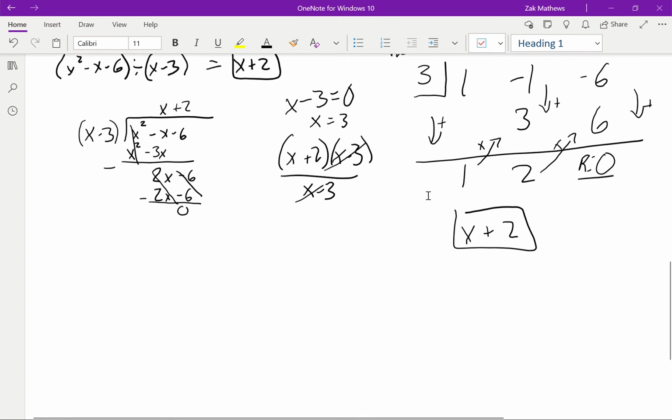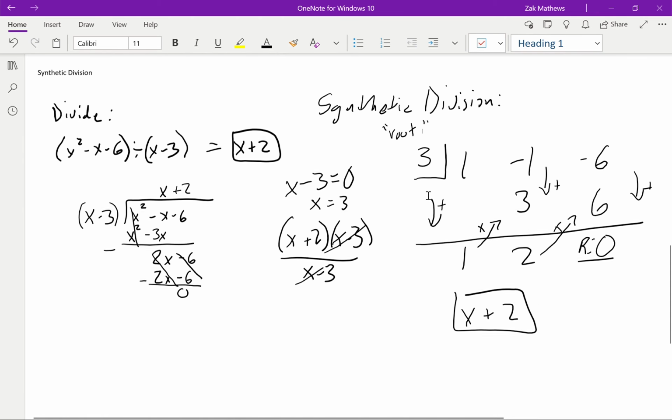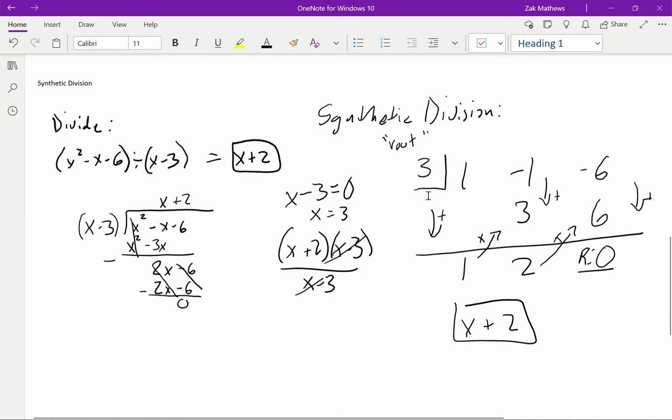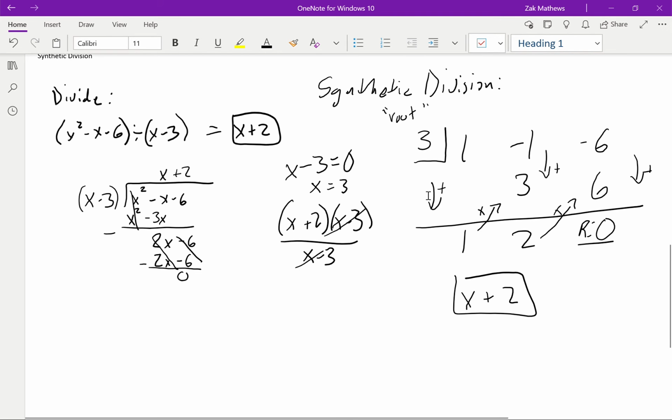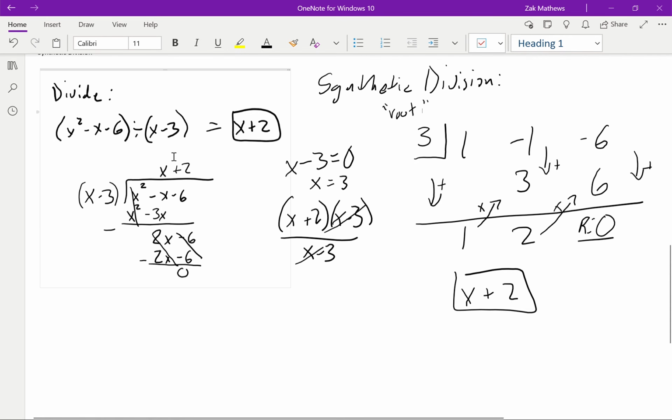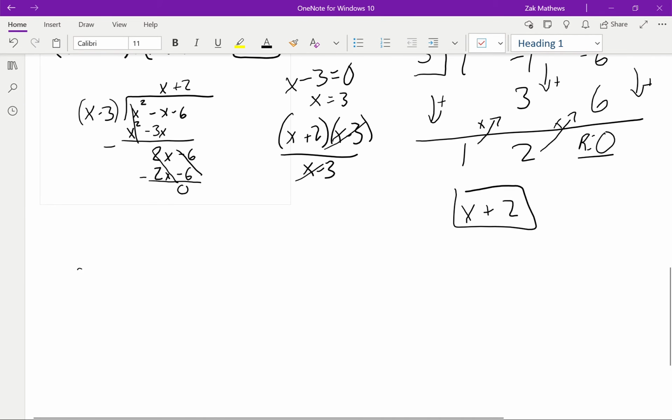We're going to do some more examples with these. I also said that with synthetic division, we can only do this for polynomials in certain cases. We can only do it for certain polynomials. We can only use synthetic division when we're dividing by a divisor that is linear with a coefficient of 1.